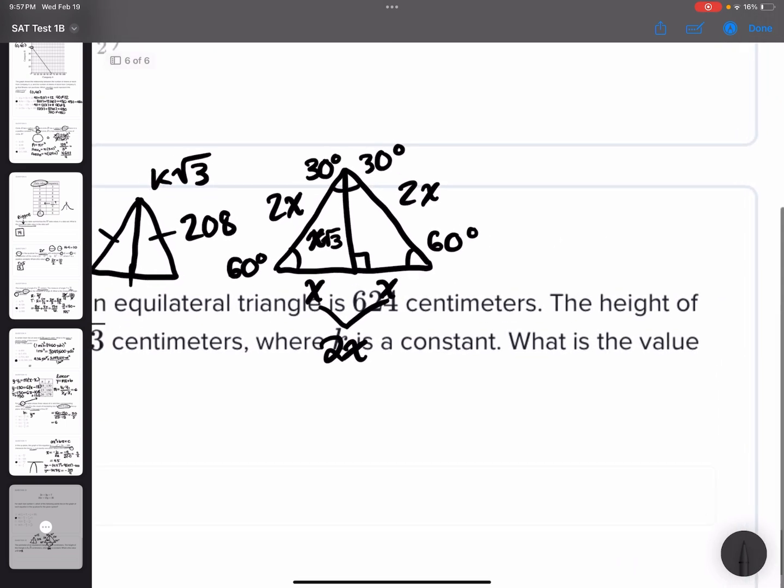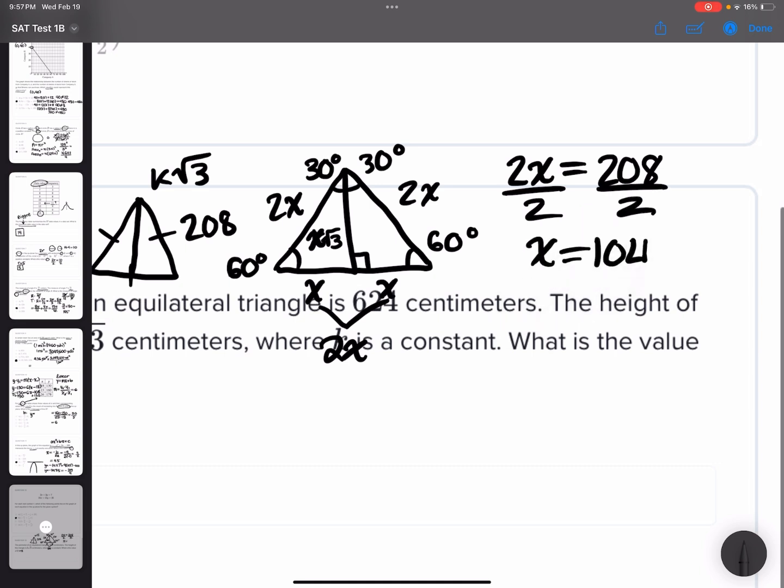And if we know that 208 is one of the sides, that diagonal side right there, 208 divided by 2, our x must be 104.